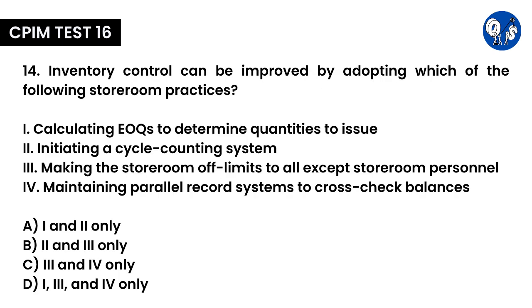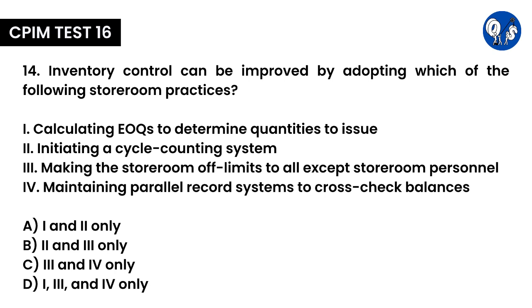Question number 14. Inventory control can be improved by adopting which of the following storeroom practices? 1. Calculating EOQs to determine quantities to issue. 2. Initiating a cycle counting system. 3. Making the storeroom off limits to all except storeroom personnel. 4. Maintaining parallel record systems to cross-check balances.